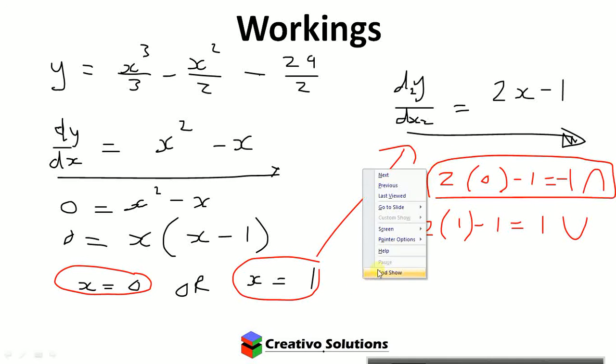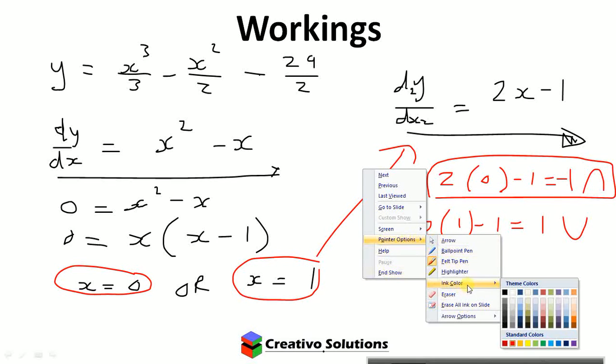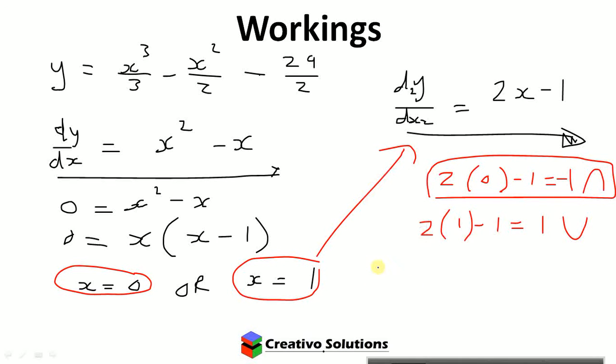So there's the maximum points. Maximum at x equals 0. So I need to plug in 0 back into this equation. Here's my function, see? So I plug in 0 here.